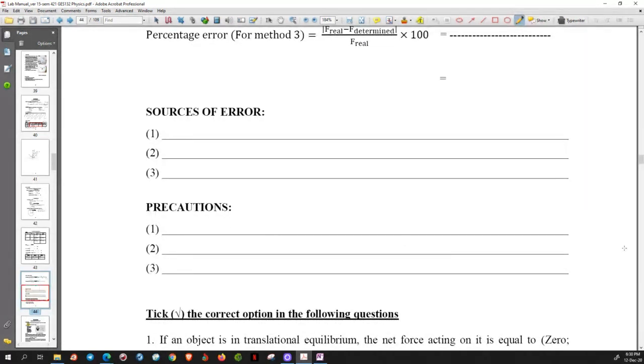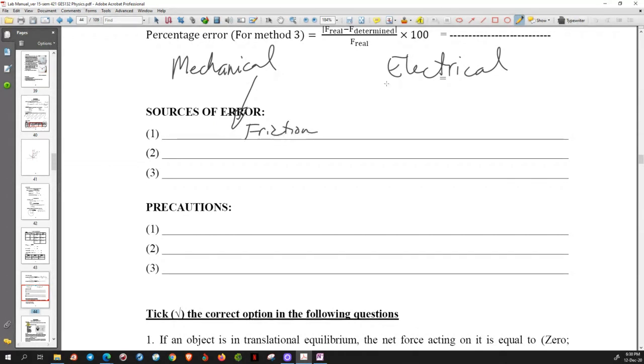You have only two types of experiment. The first type of your experiment in the finals is called mechanical experiment. The second type is called electrical. We don't have chemical or thermodynamics, okay? If your experiment is mechanical, the source of error is always friction, or you can say there is friction in the system.